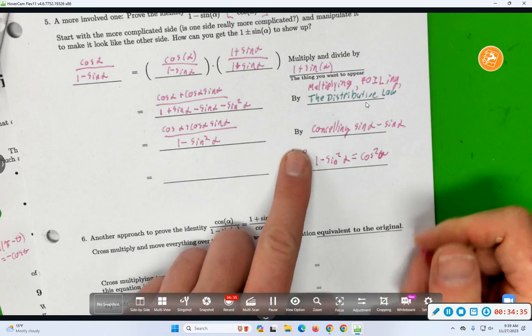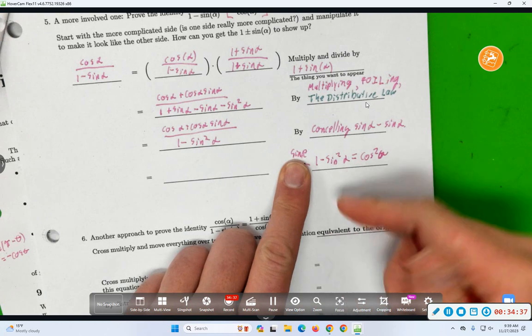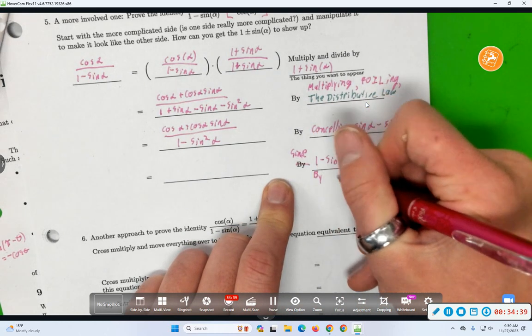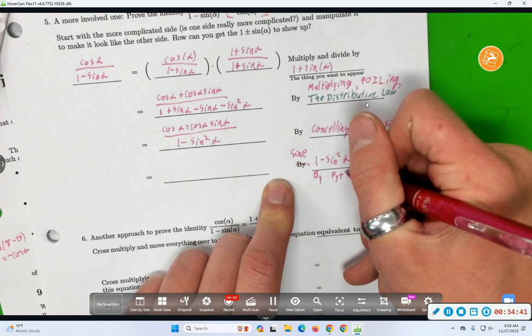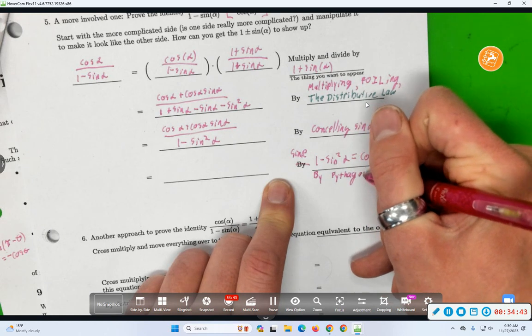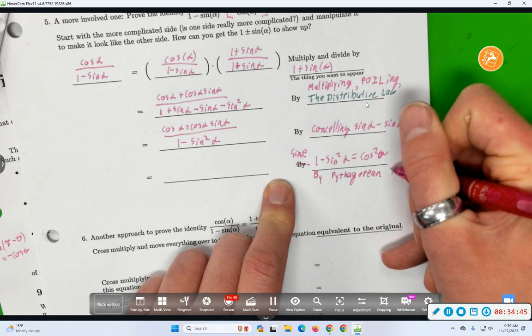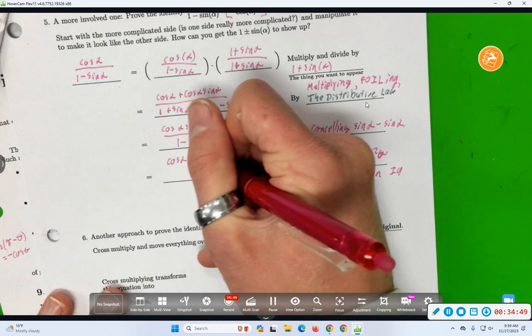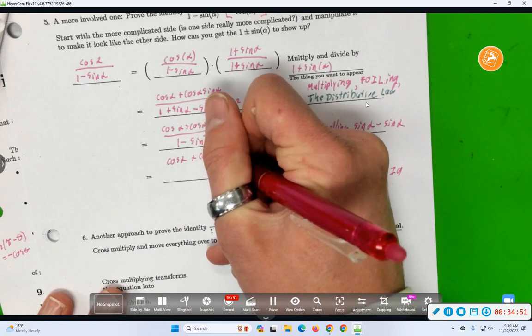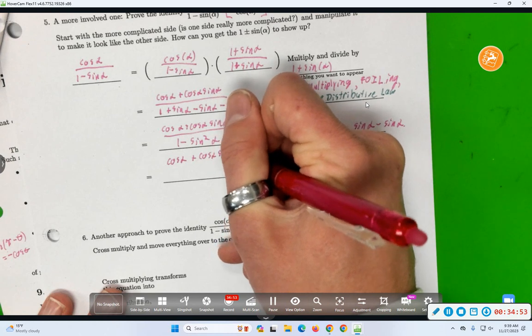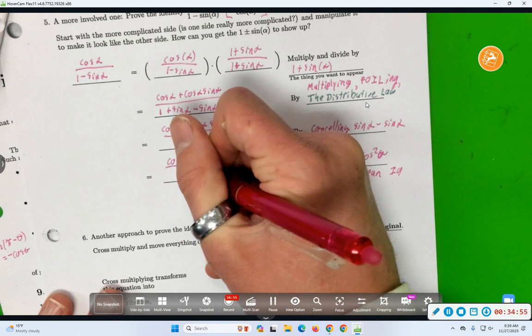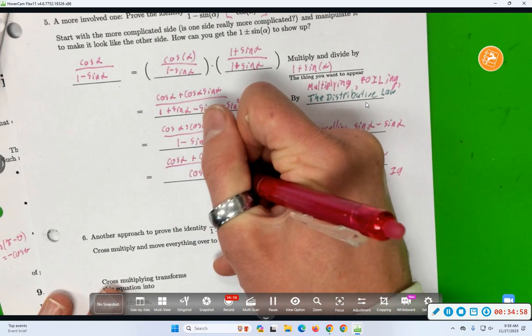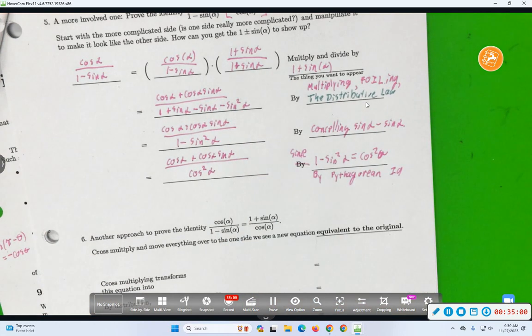So let's use that. Since that's equal to cosine squared alpha by the Pythagorean identity, this is going to become cosine alpha plus cosine alpha sine alpha divided by cosine squared alpha.